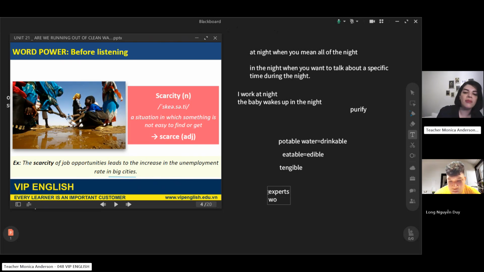And sometimes this can be the other working force. We don't have enough people who are experts, who are knowledgeable. So because of this, it's not only the lack or scarcity of job positions or opportunities.